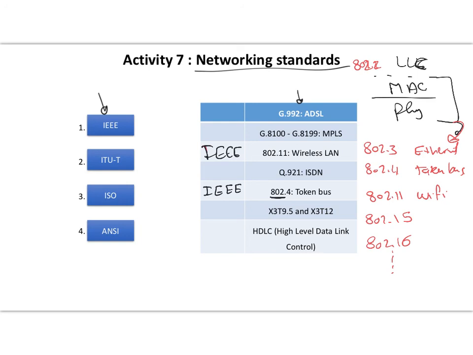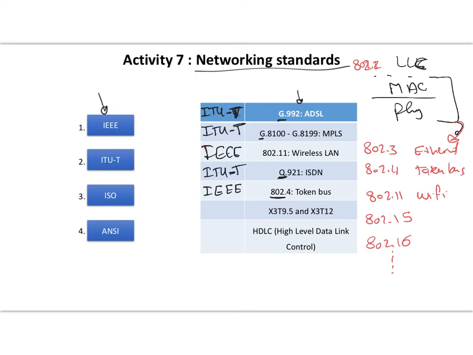So that's easy. Anything that has G or Q is in fact ITU-T, which is the International Telecommunication Union. ITU-T, so ITU telecommunication. And this also is ITU telecommunication.